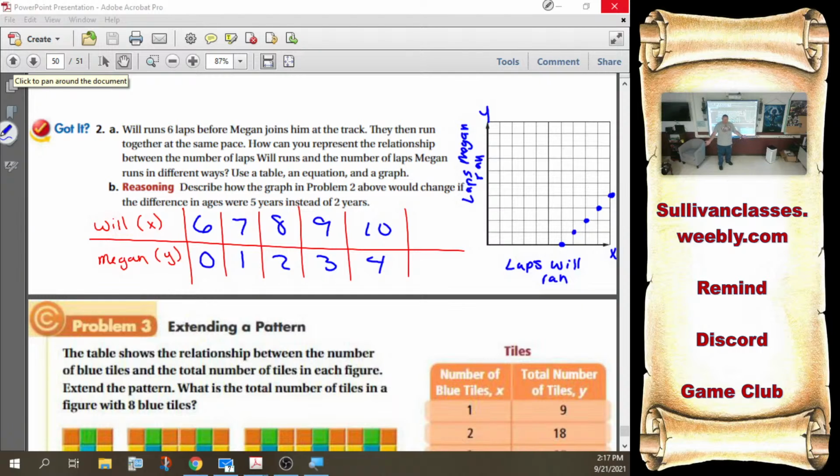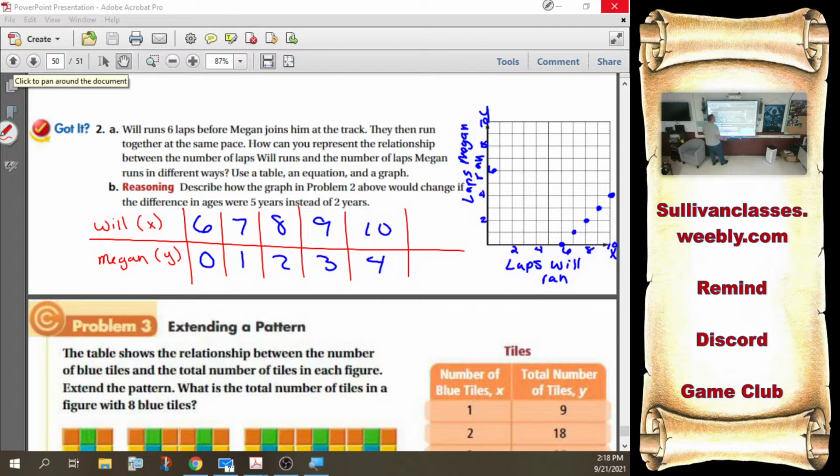Maybe I should put, this is the number of laps that Will ran, and maybe I could just plug in there 2, 4, 6, 8, 10. Y'all remember this? It's not enough to just have dots on a graph. You have to tell me what the graph means. Give you a pretty good example.